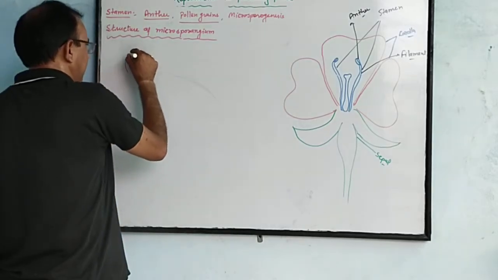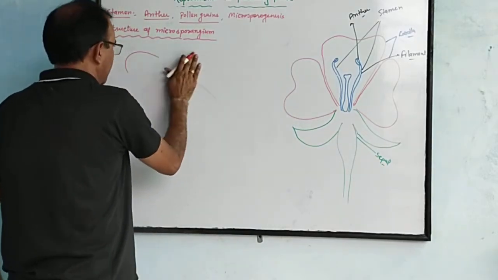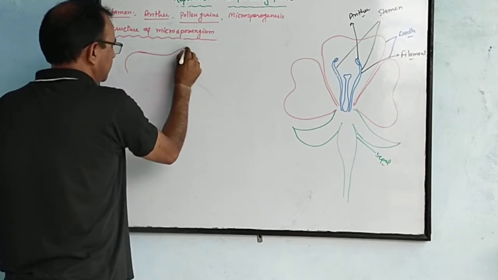Its structure is tetrad structure, as we have discussed. It contains two lobes.